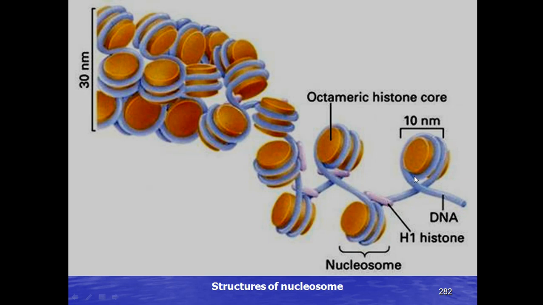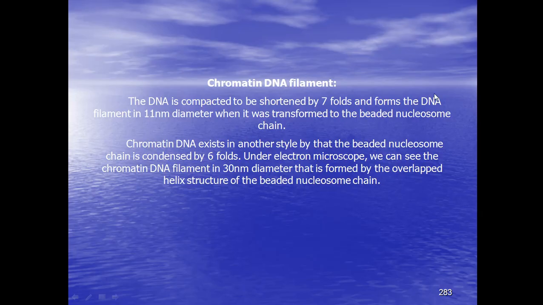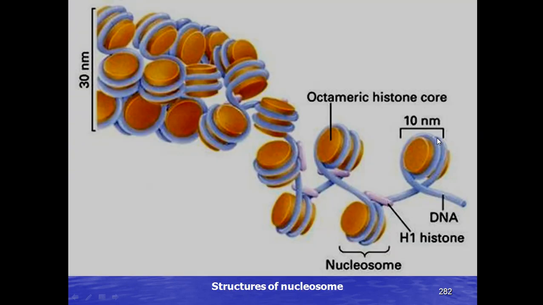One full round, up to here, takes 80 base pairs. The second one will be only 75%, up to here. That means 140, 80 plus 60. Then this length is the linker DNA, another 60 base pairs.